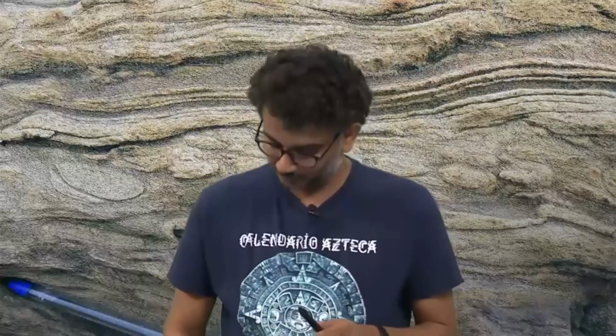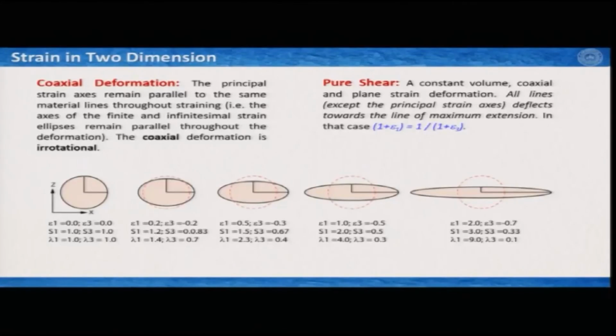In other words, there is nothing pure and nothing simple in natural deformation. A coaxial deformation is defined as one in which the principal strain axes remain parallel to the same material lines throughout the straining process. That means the axes of the finite and infinitesimal strain ellipses remain parallel throughout the deformation.